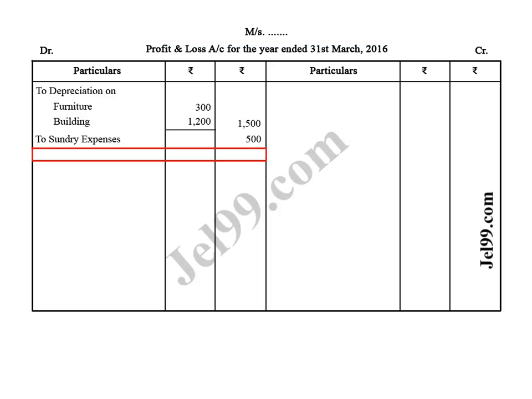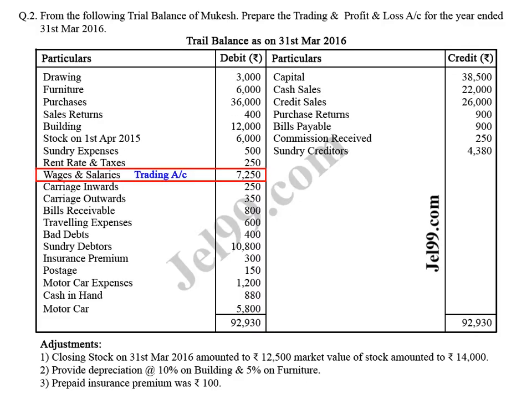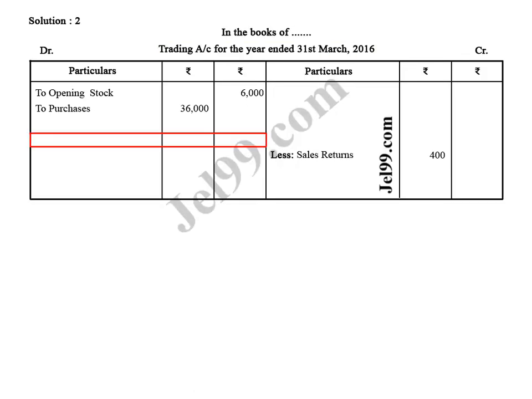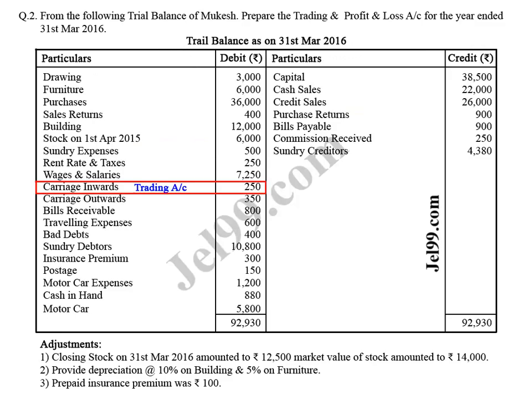Debit side, to rent, rates and taxes of rupees 250, then wages and salaries of rupees 7,250. This is shown in trading account, debit side, to wages and salaries of rupees 7,250, then carriage inwards of rupees 250.